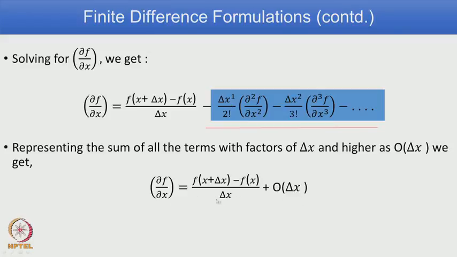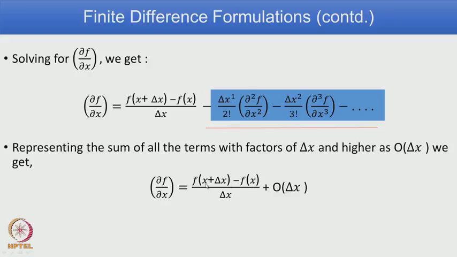So, this formula for the first derivative, taking only the first two terms and not considering the higher order terms, is called a first order finite difference scheme with order of accuracy delta x.